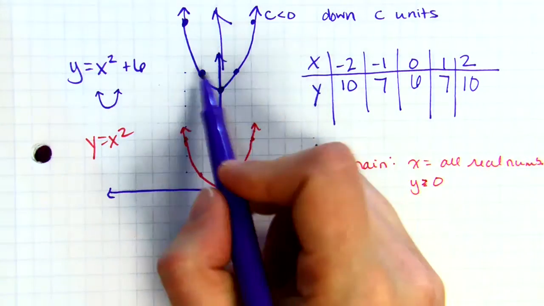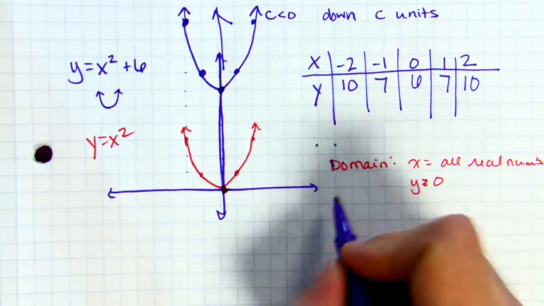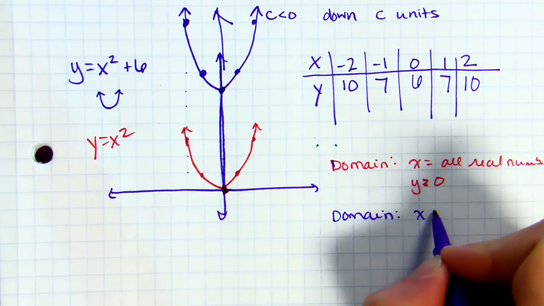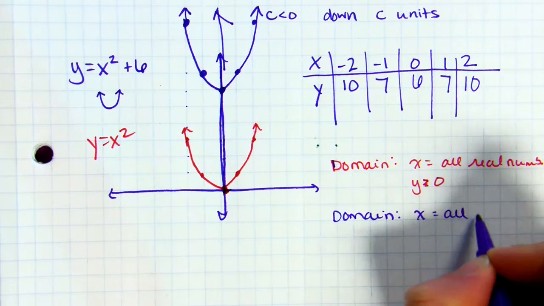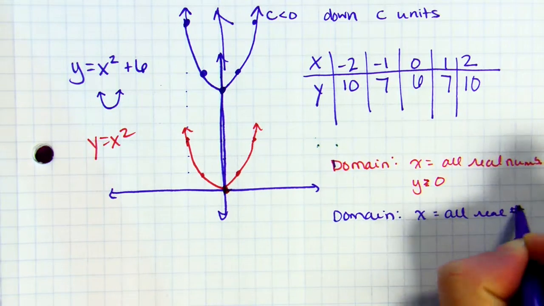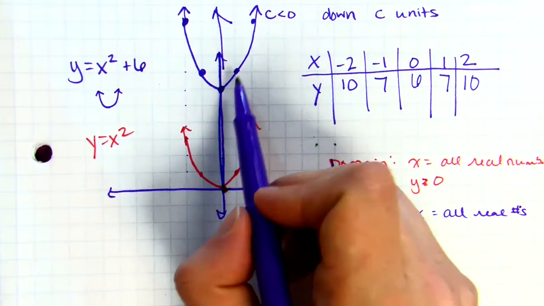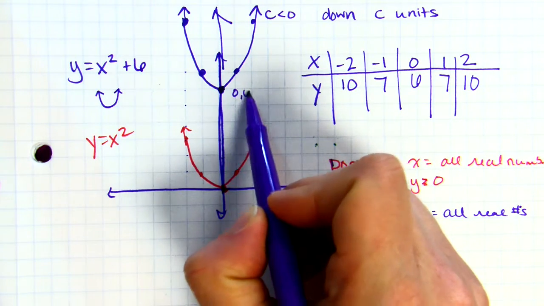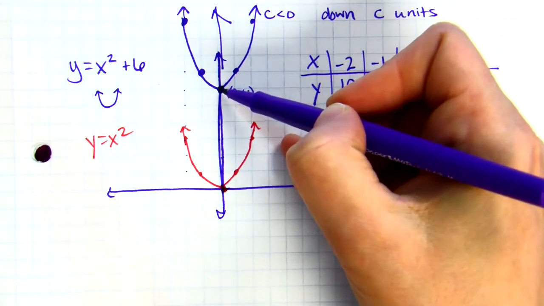If I look at the domain and range of my new graph, the domain is going to be the same. X is all real numbers. But then my range, the minimum of my graph is at this vertex, which is at 0, 6. It's been shifted up 6 units.